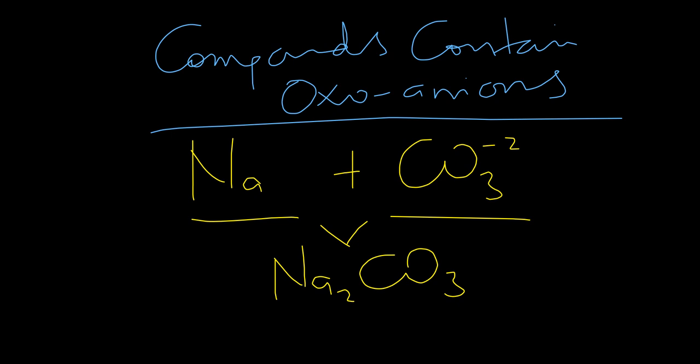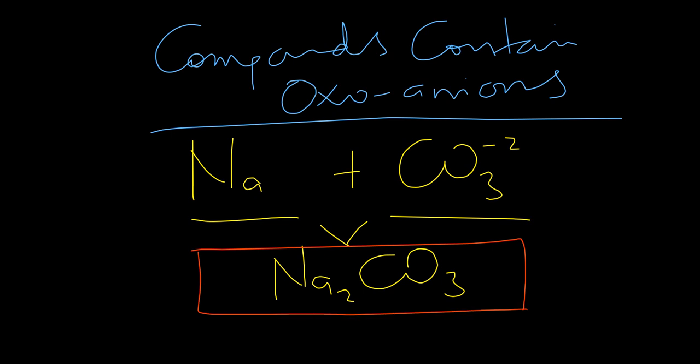This sodium CO3 is what we call a compound of oxo-anion because it contains a cation, which is the sodium, and an oxo-anion. So it's a compound, but it contains an oxo-anion with something else there.